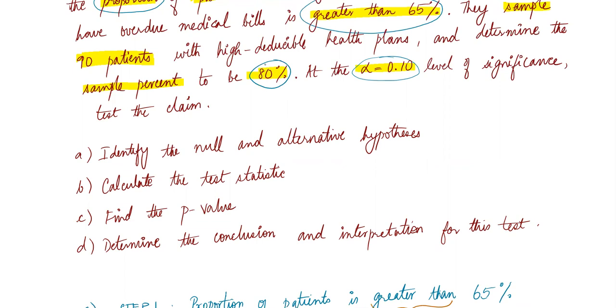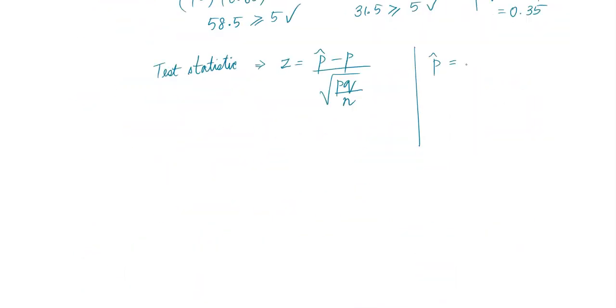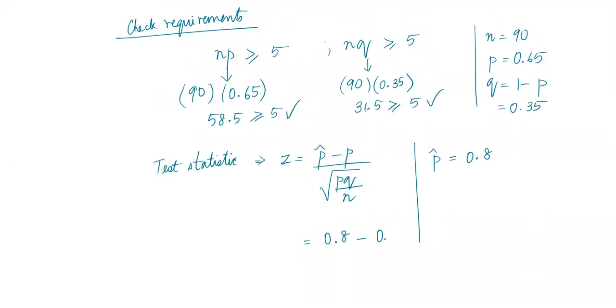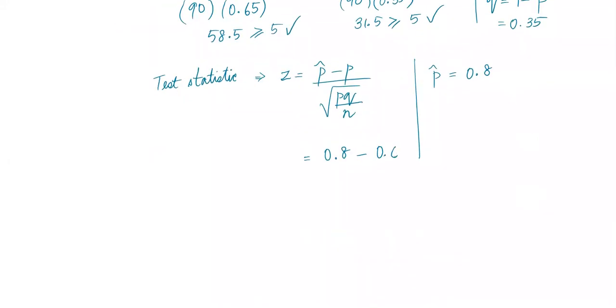So P hat is 80%, so P hat is 0.8. So that's 0.8 minus P, we just saw that here, right? P is 0.65, divided by square root of 0.65 times 0.35 all over N, which is 90.